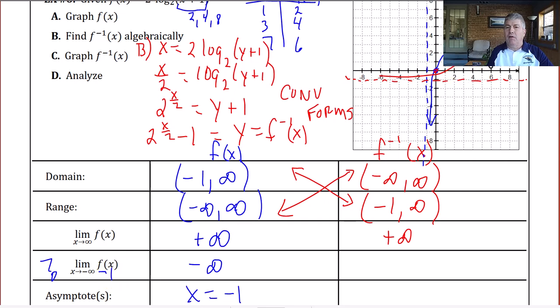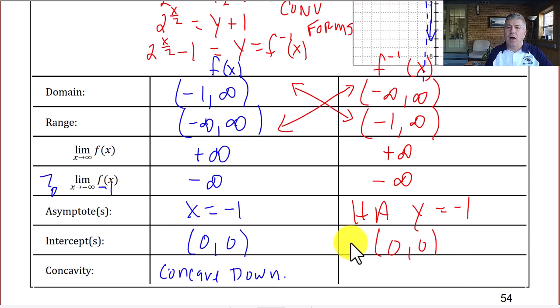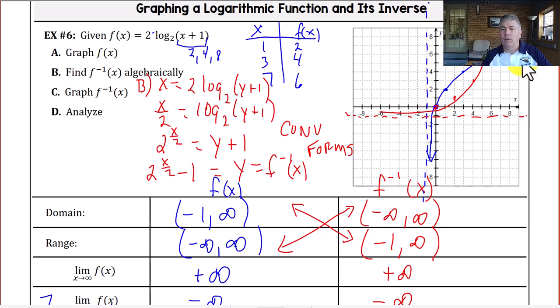The limit of our red as we go to negative infinity, now that one is going to negative infinity. We have a horizontal asymptote at y equals -1, and again an intercept at 0, 0, and that function is concave up, and it is increasing at an increasing rate. It is an exponential function. This one is growing exponentially.